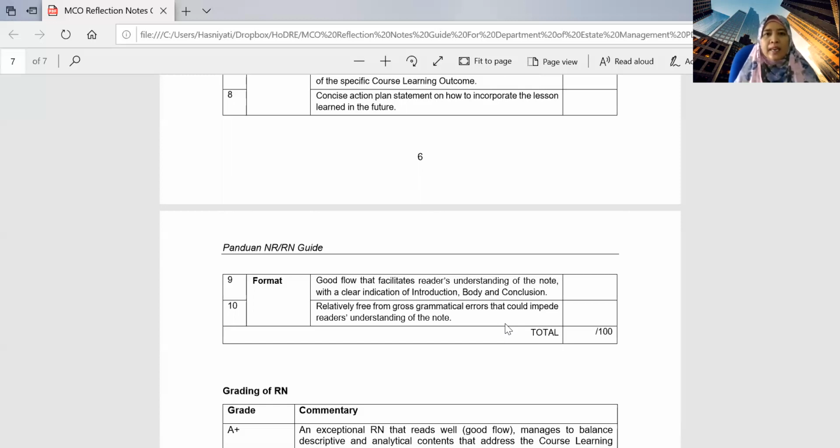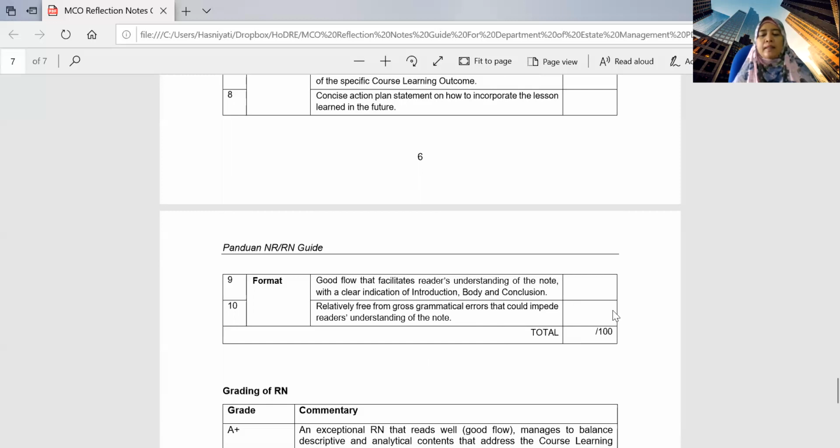So when there is confusion caused by the wrong grammar, which causes the reader to feel it very difficult to follow your argument, then we can penalize you here.